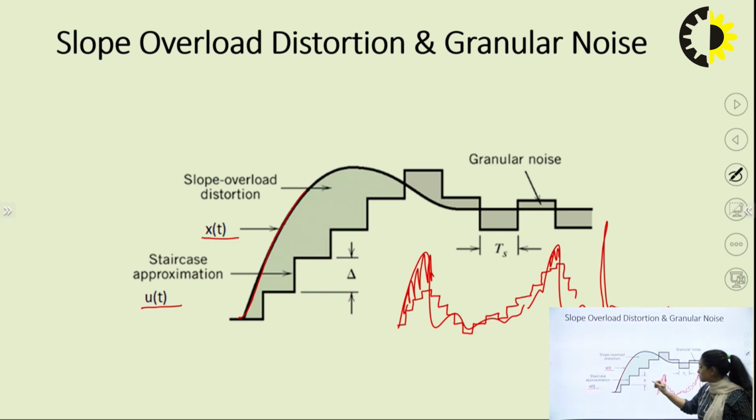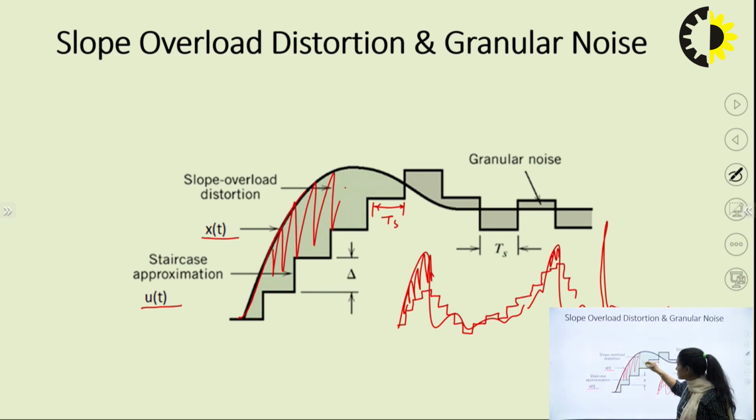Step size is delta here, and my sample stays for Ts duration. After every sampling time interval, I get another sample. So the noise that I get here because of the steep curve, when the slope of my analog signal is too high, is called slope overload distortion.